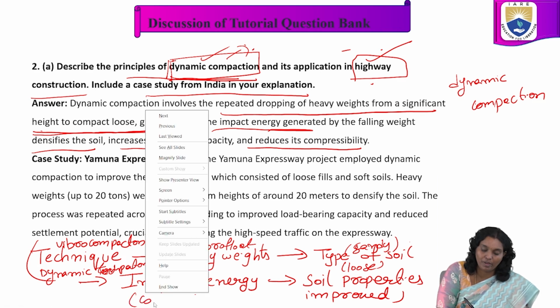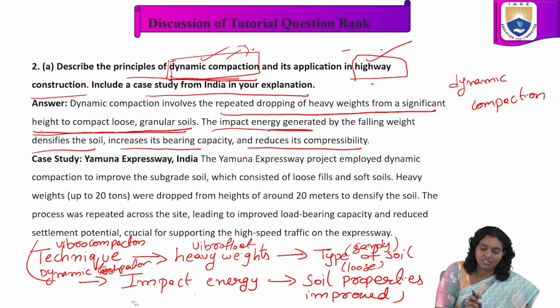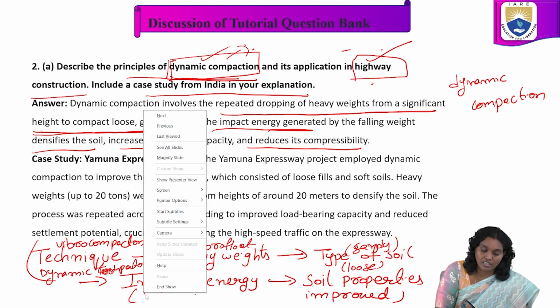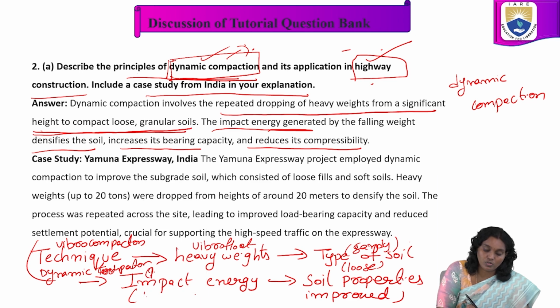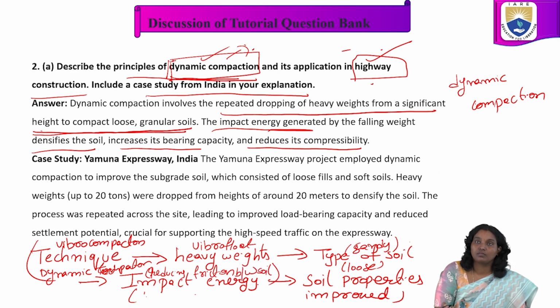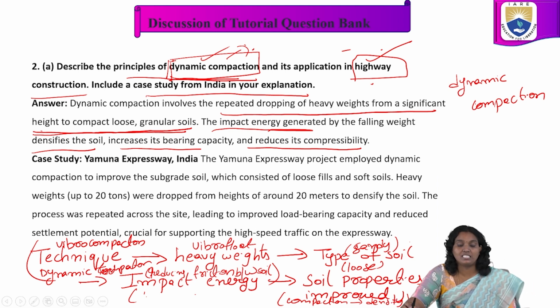Because of this compaction, we may write like this: the friction between soil particles is reduced, so the compaction happens. Because of this compaction, the density of the soil is increased.